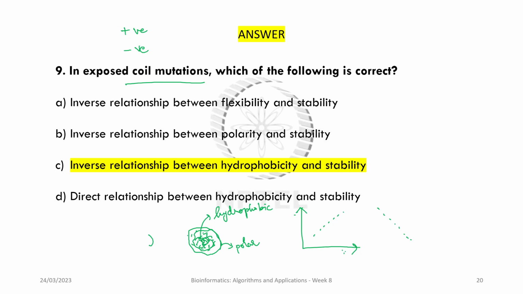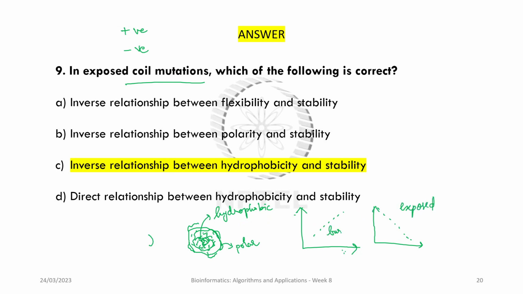But in coil residues that were exposed to the solvent or in the outside, whenever an introduction of hydrophobic residue only changed it, or if hydrophobicity was removed, the protein will be able to interact even better with the solvent outside. Therefore, its free energy will be minimal and therefore it's more stable. Right? So, hydrophobicity is inversely correlated when it comes to exposed residues.